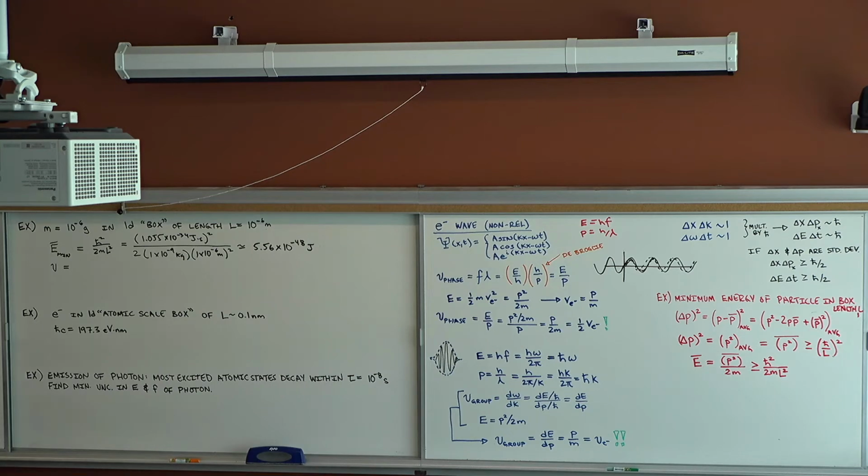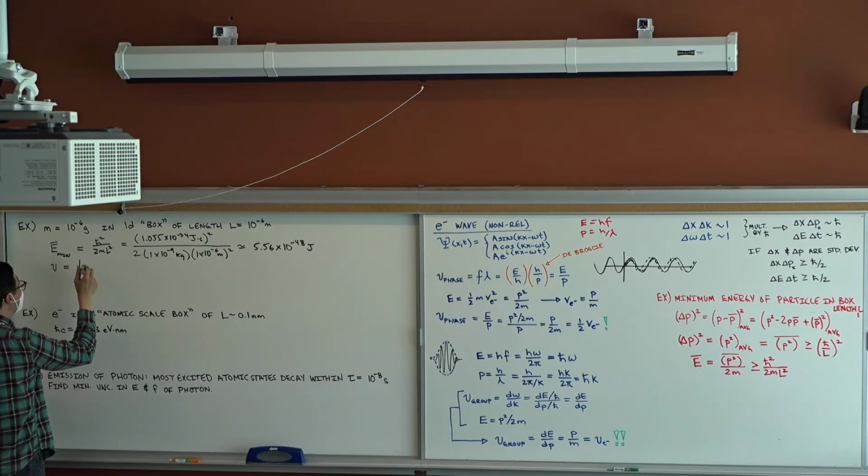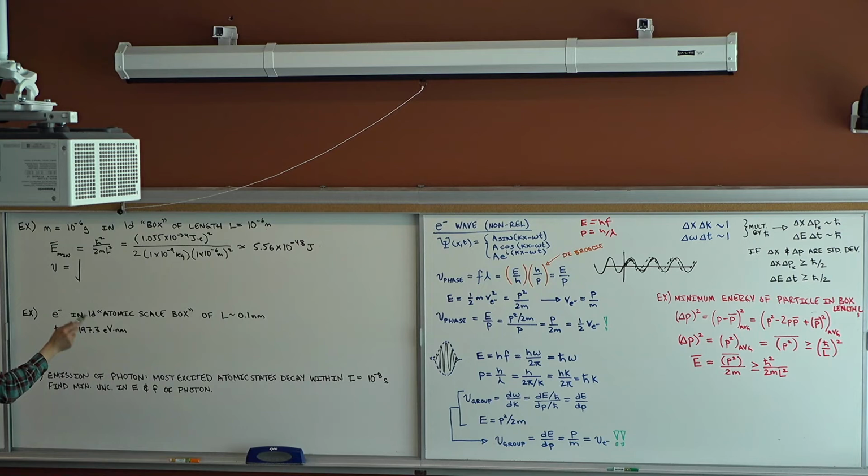If we wanted to find the v that goes with this, coming back to our half mv squared, v is going to be 2E over m under the radical.